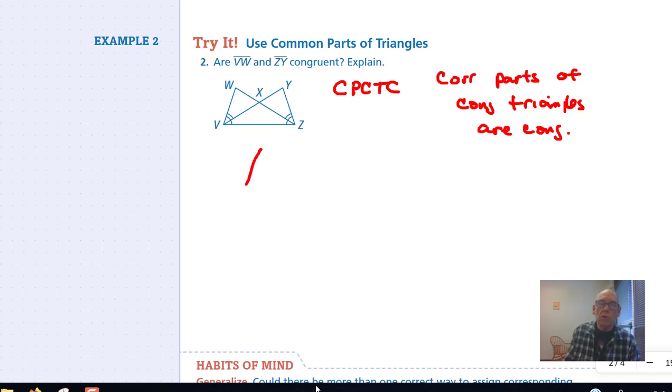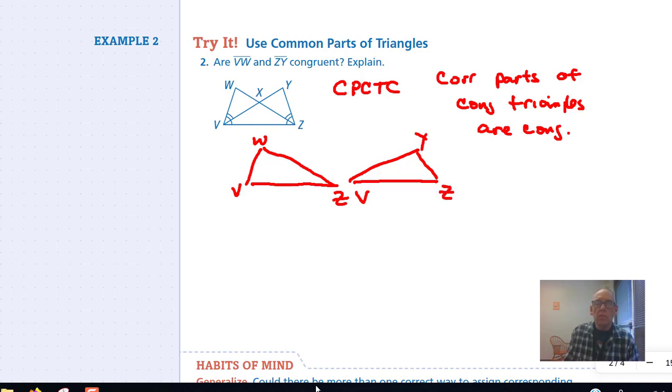I'm going to do WVZ, and then going this way, this triangle here is VYZ. Now angle Z is marked with a single congruence mark. Let me switch colors up. And angle V is marked with a single congruence mark.